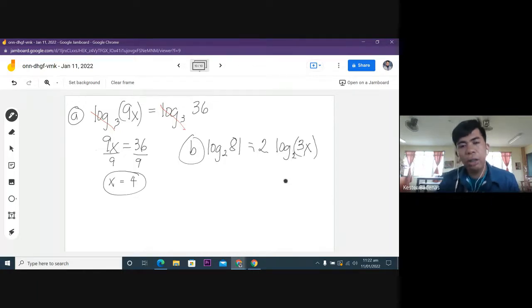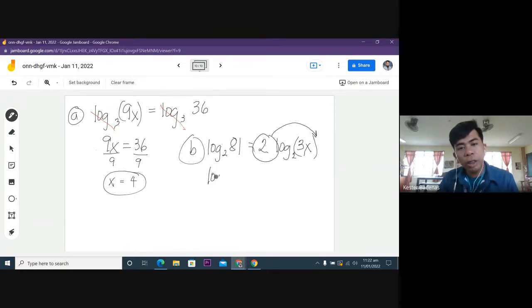Ayan. Anong gagawin natin, class? Power rule. Kasi hindi natin pwedeng i-cancel to, kasi may 2 sa tabi. Okay? Kailangan pag nagka-cancel tayo, class, walang coefficient yung logarithm. So, kapag may kasama siya dito, iangat nyo na lang siya doon sa kabila para ma-cancel. Okay? So, yung 2, para ma-cancel natin yung log mamaya, iangat natin.